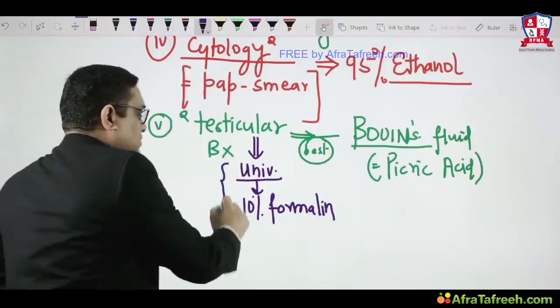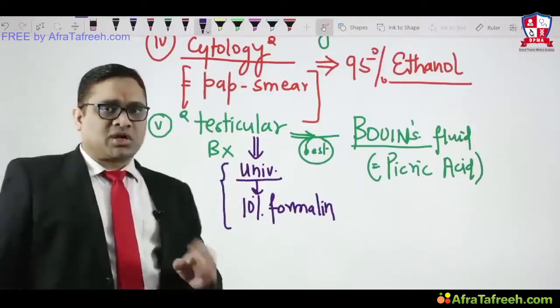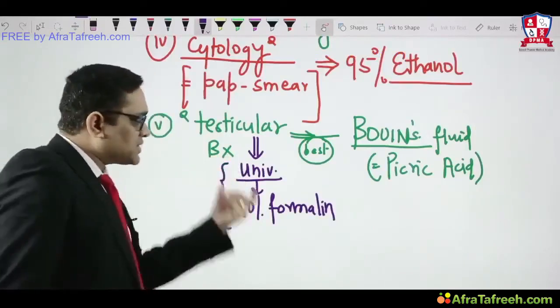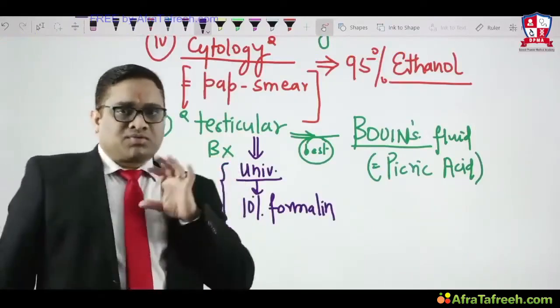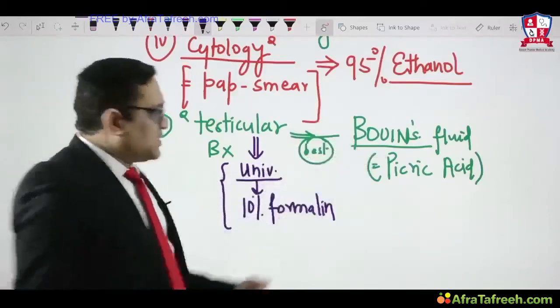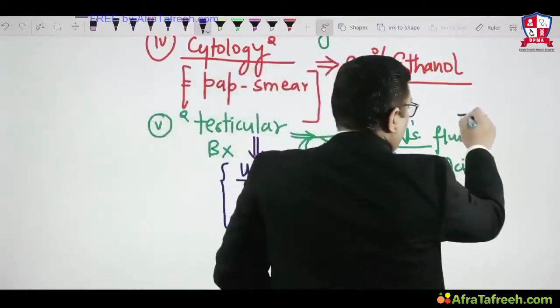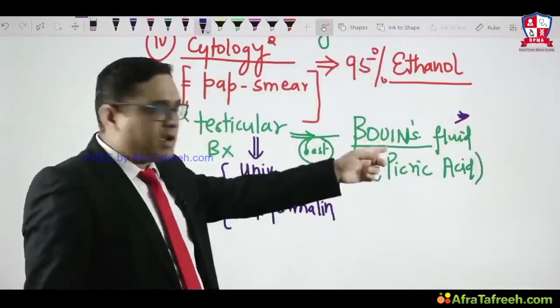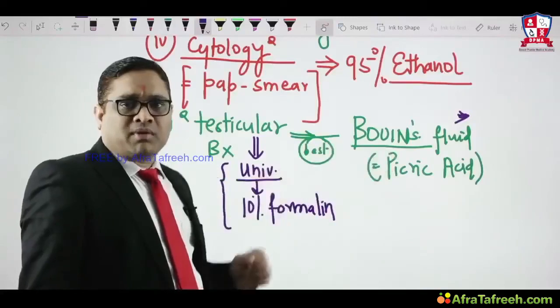This is how it is given in a histotechnique book called Bancroft: the universal fixative is 10% formalin. We should not confuse this with the best fixative, which is Bouin's fluid, given in urology textbooks. When you read Campbell urology, you will find Bouin's fluid mentioned as the best.